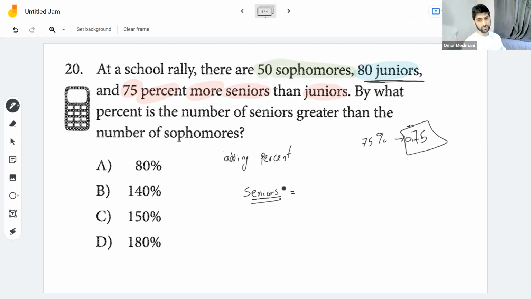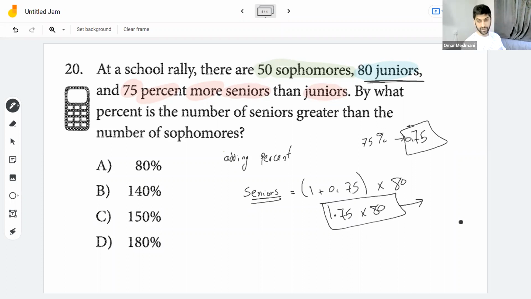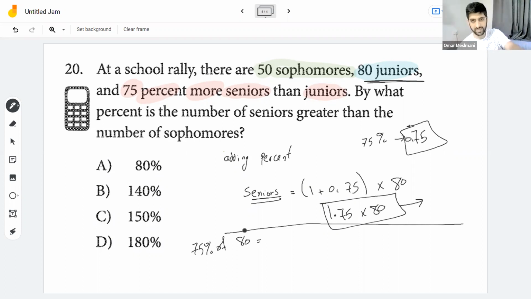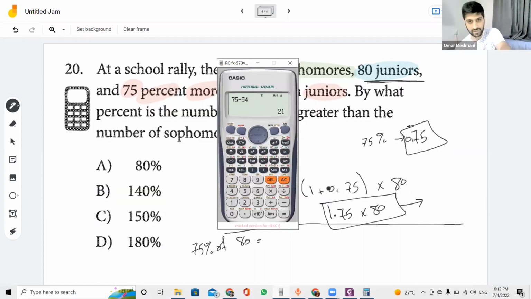If you want to add, I told you to add 1 plus 0.75. You remember last lesson. Times 80. So basically you multiply 1.75 by 80. That's the faster way. Use a calculator and get the answer. If you don't like it, what you would do basically is calculate 75% of the 80. Use a calculator.